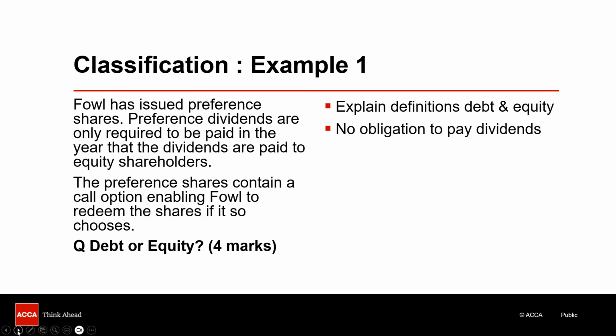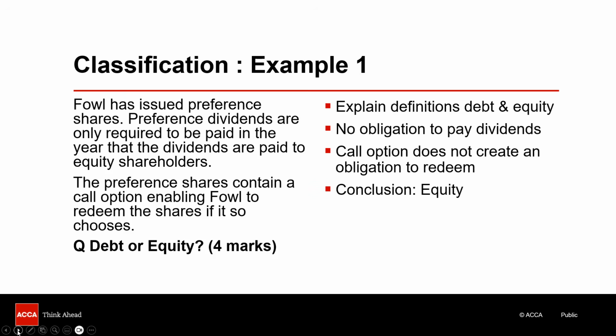So there is no obligation under FAL to redeem these shares. Yeah, the call option has not created an obligation. And therefore, in structuring my answer, I've started with the theory, I've then applied it, and I'm reaching my conclusion that for FAL, these preference shares would be regarded as equity because they contain no obligations. All right?